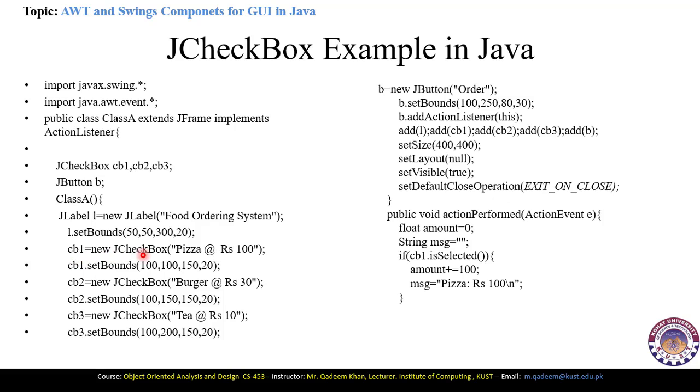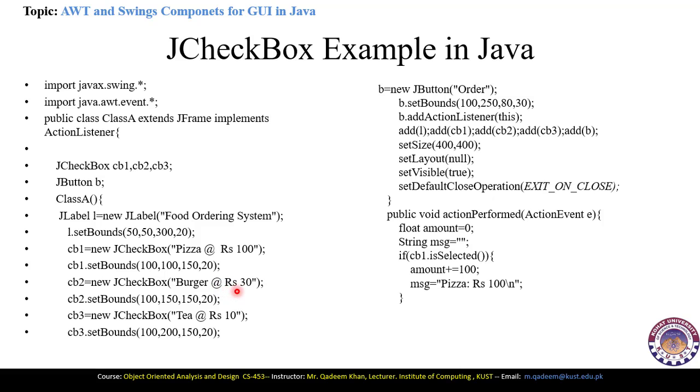Next we have the checkbox CB1, new JCheckBox, pizza at the rate of rupees 100. Similarly, checkbox1.setBounds is the position of the checkbox over the window. 100 is the first point, and 150, 20 is the second point. From this point to this point, this checkbox will be displayed over the GUI.